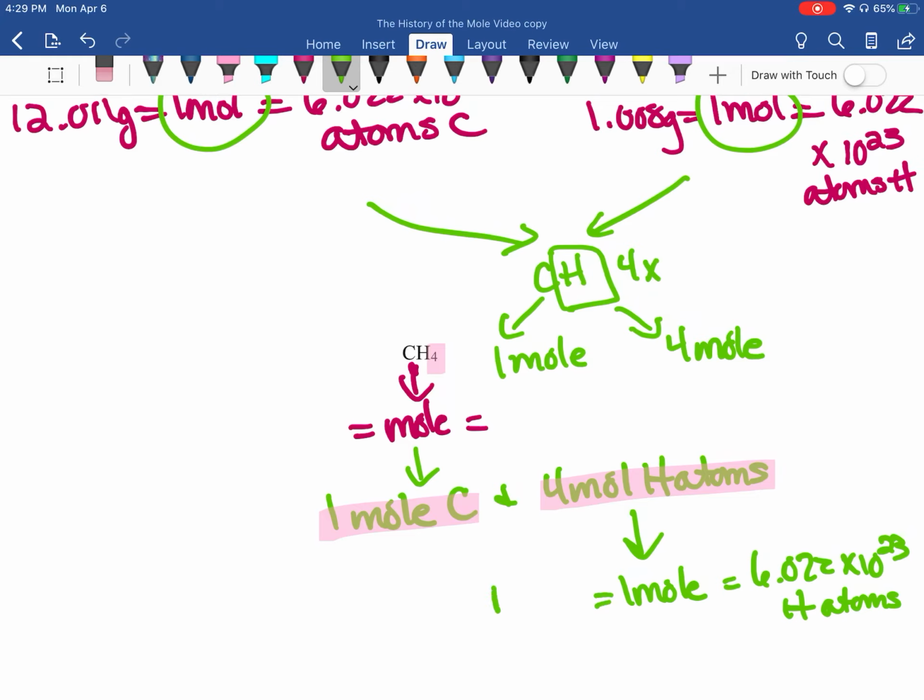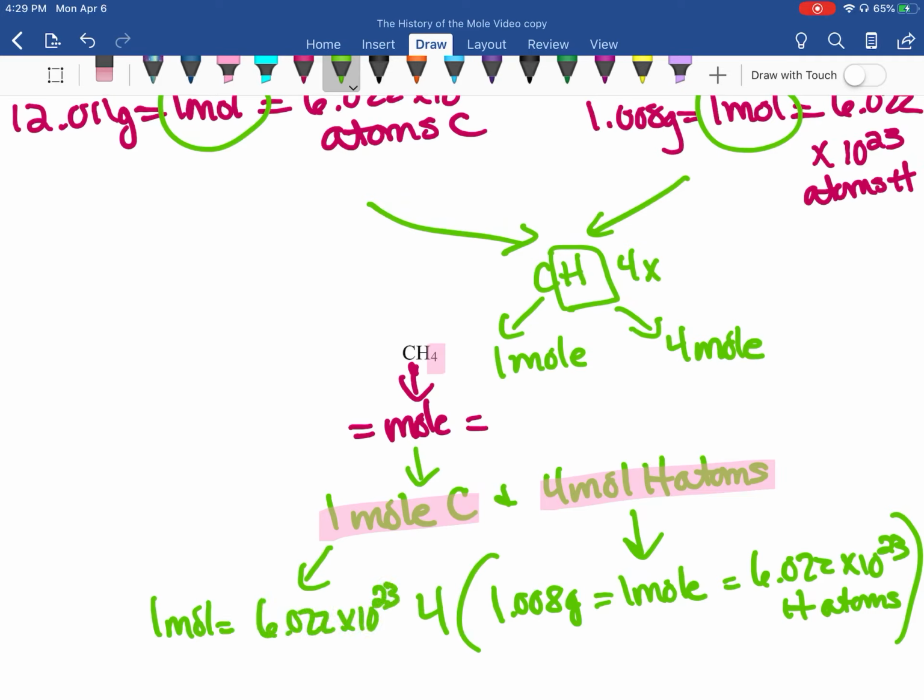And how much does that weigh? This whole thing then times 4. And then for carbon, we get to keep our 1 mole, and that is our Avogadro's number. And then how much does that weigh?